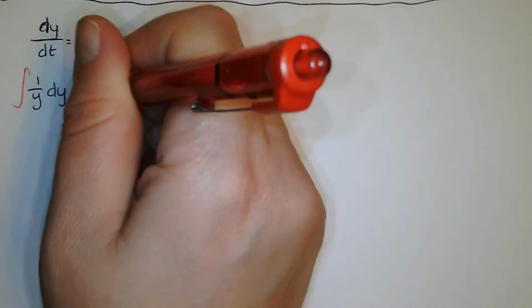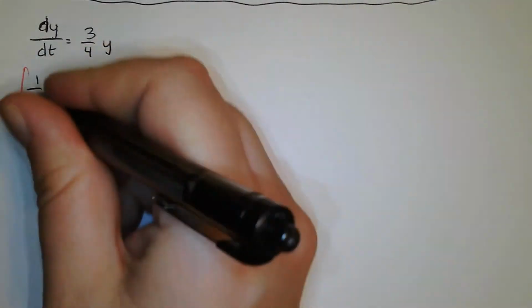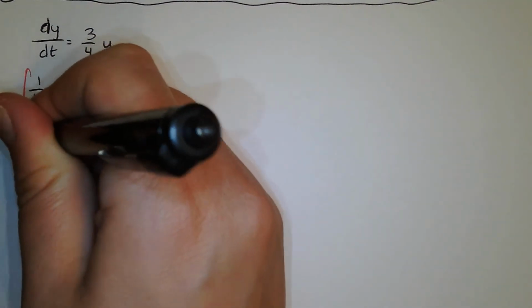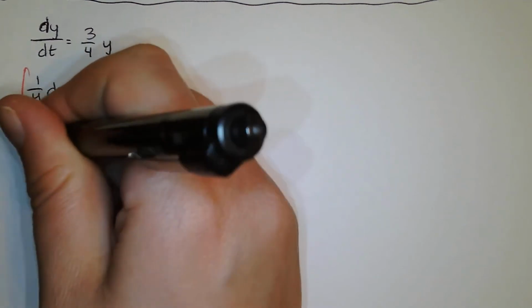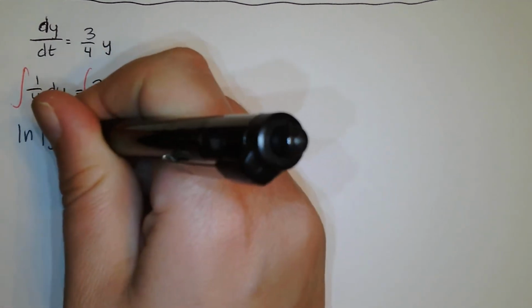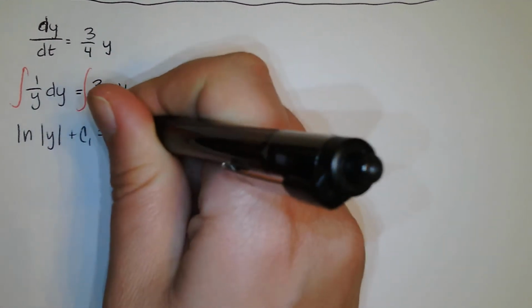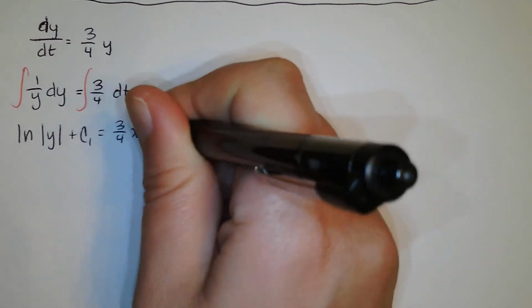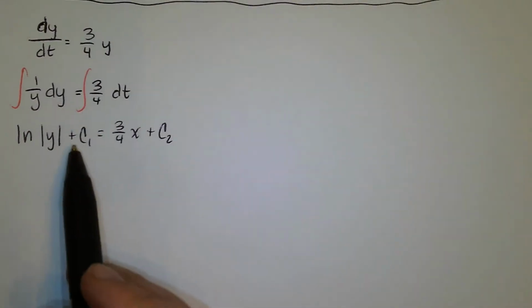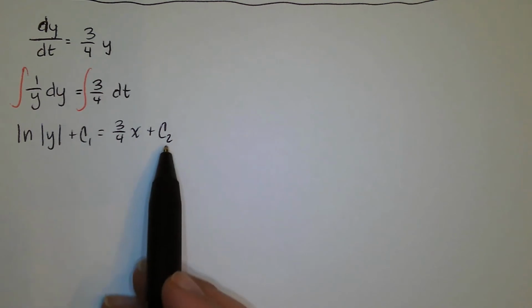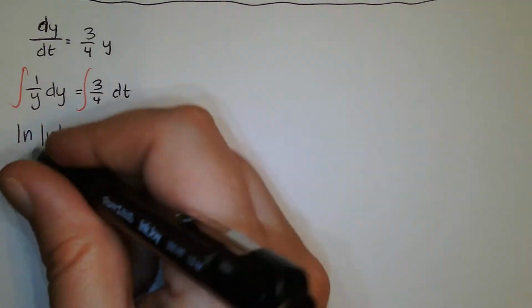Integrate both sides, and we're going to get 1 over y. This is going to be ln of the absolute value of y plus c1 is equal to 3/4 t plus c2. Just like before, I'm going to move the two constants to the same side.